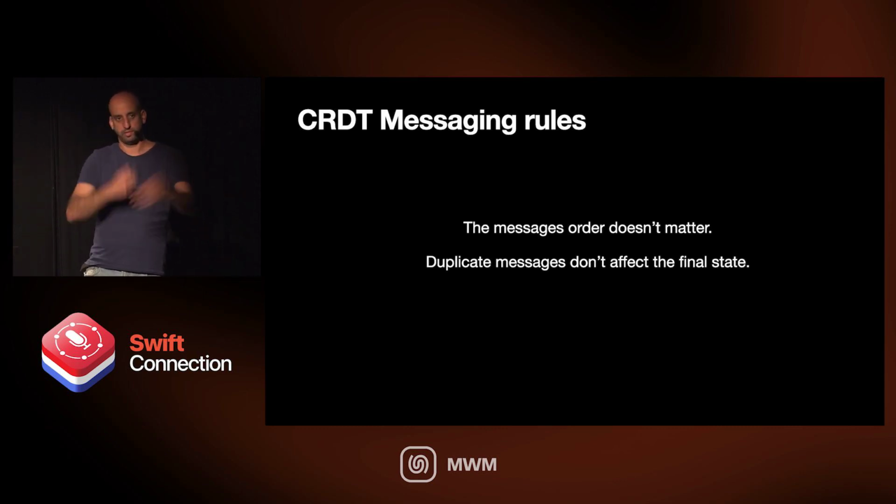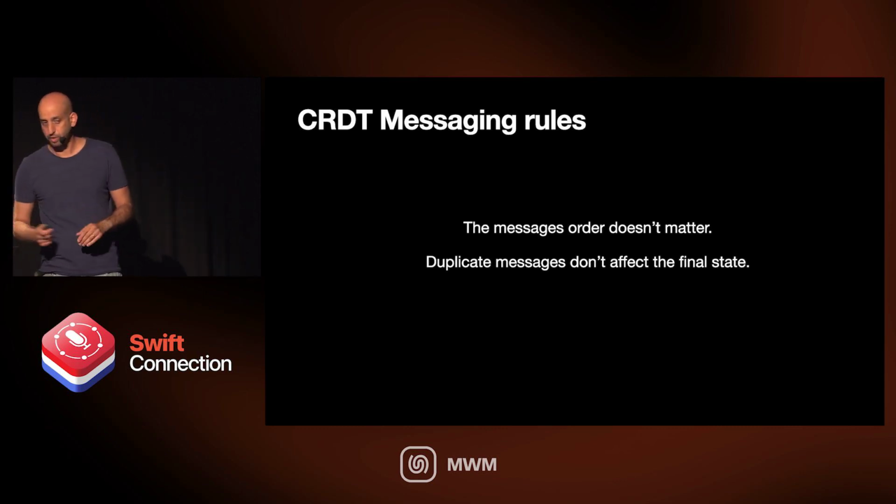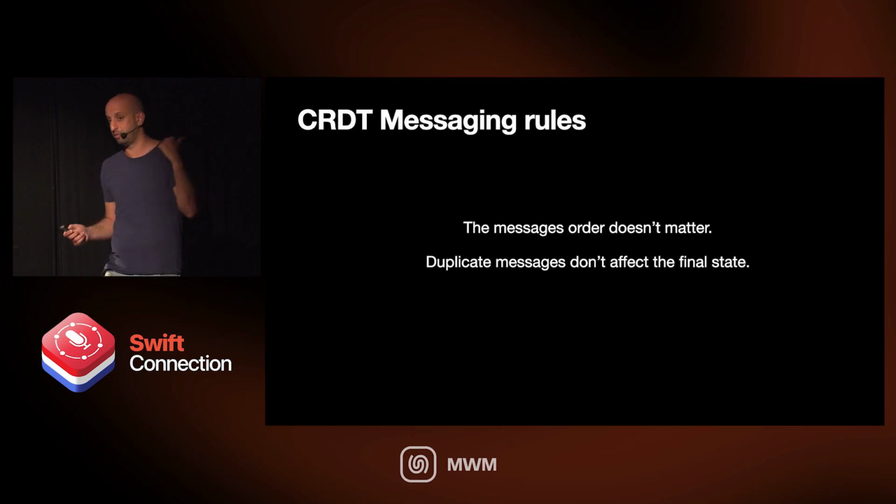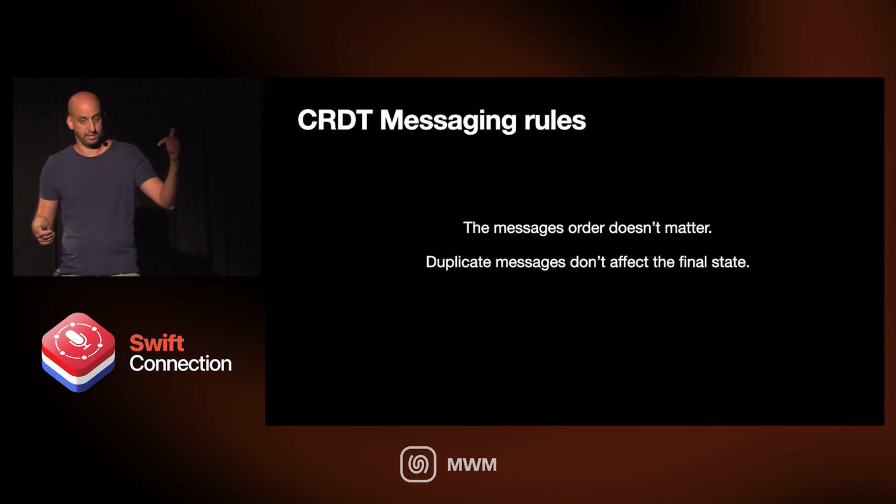We can send the messages in a different order. And remember that, because we're going to have an issue in short. And the second is that we can send duplicate messages and it's going to be fine. It needs to be very, very stable, so all the clients and all the databases are going to be replicated exactly.